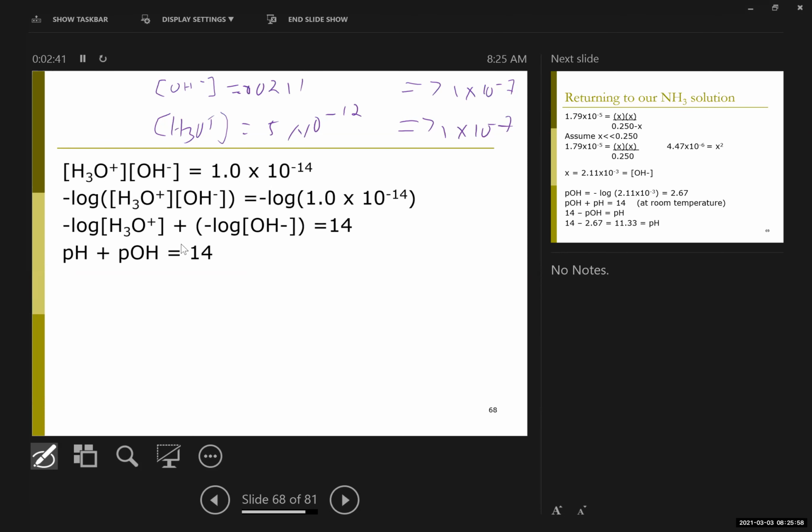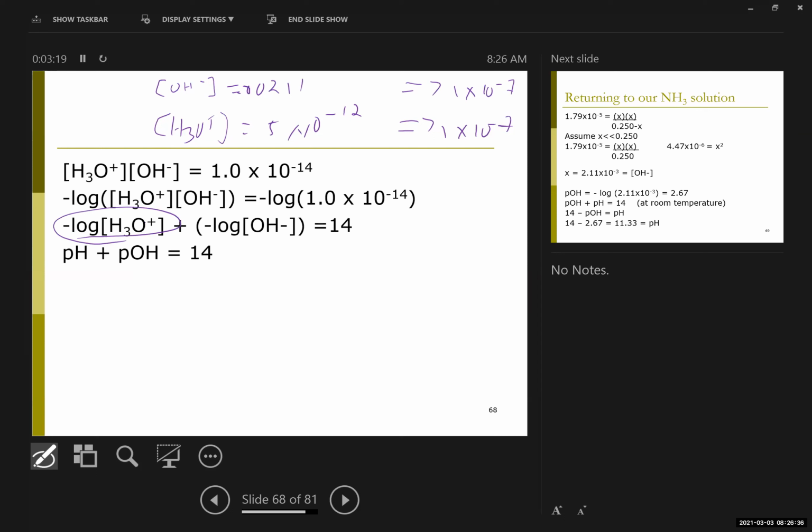And so the shorthand of this is really to essentially pre-solve my KW. If I take the negative log of my KW expression, the log of a product is the sum of the logs. The log of 10 to the minus 14 is 14. Well, this is pH, by definition, the negative log of hydronium is the pH.